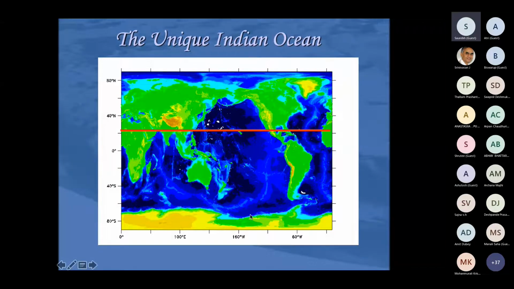The Atlantic and Pacific are connected to the polar region by the oceans itself, whereas in the Indian Ocean we have a land boundary here. Because of this peculiar geographic setting, we have the monsoon climate with 4 months of rain from June to September, and then a northeast monsoon, which is running right now, from November to February.